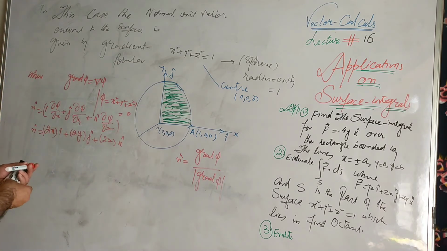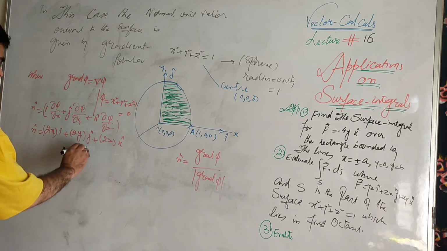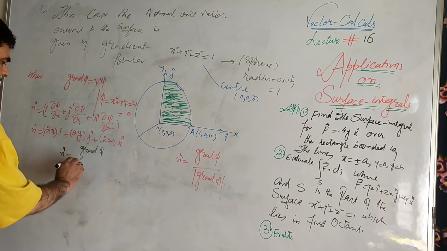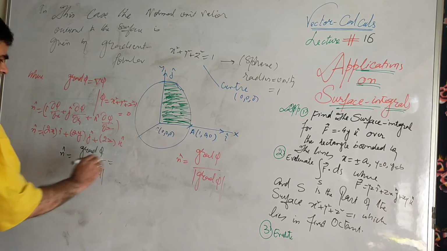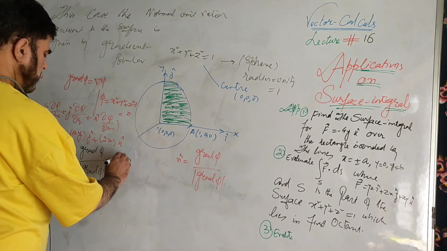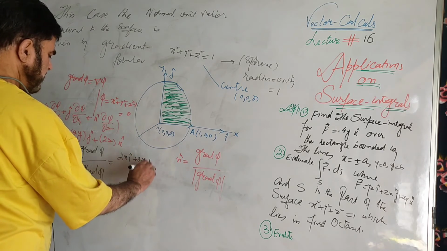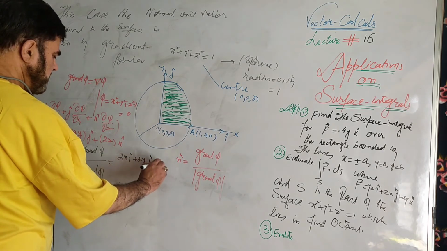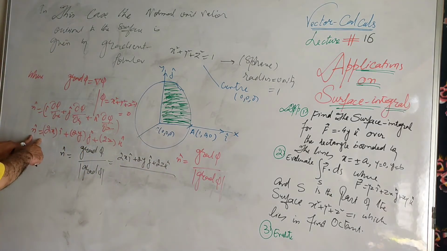Now what is your unit normal vector? It is n cap is equal to grad of phi by magnitude of the grad of phi, that is equal to 2xi plus 2yj plus 2zk, and take the magnitude of this.